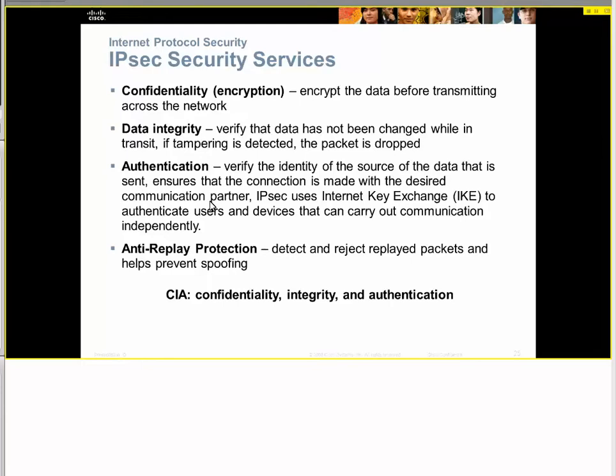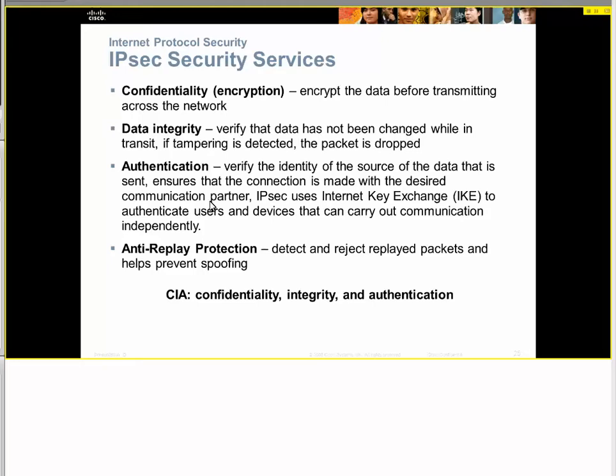We will talk about IKE as a key exchange in just a moment. And the last thing is anti-replay protection, which detects and rejects replay packets. So what happens is, let's say you are sending a logon packet or an authentication packet. It's encrypted and it's authenticated, but I still suck it off and make a copy of it.